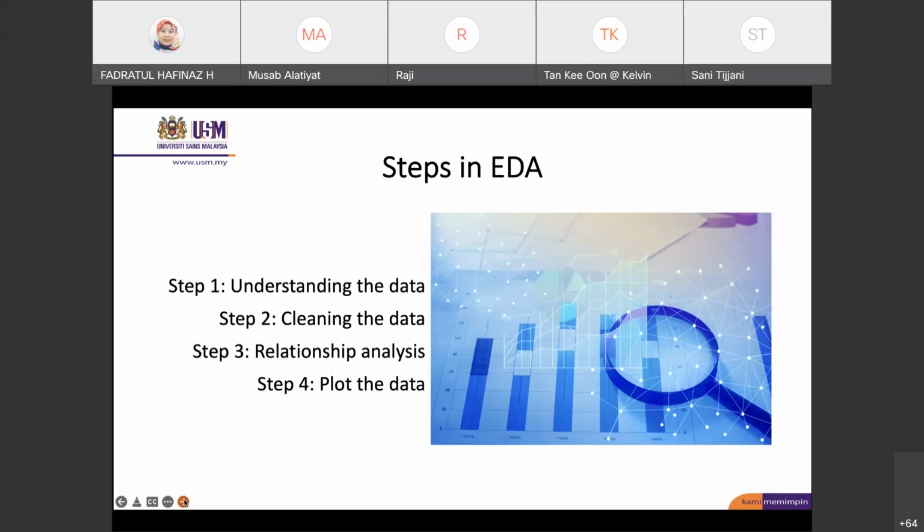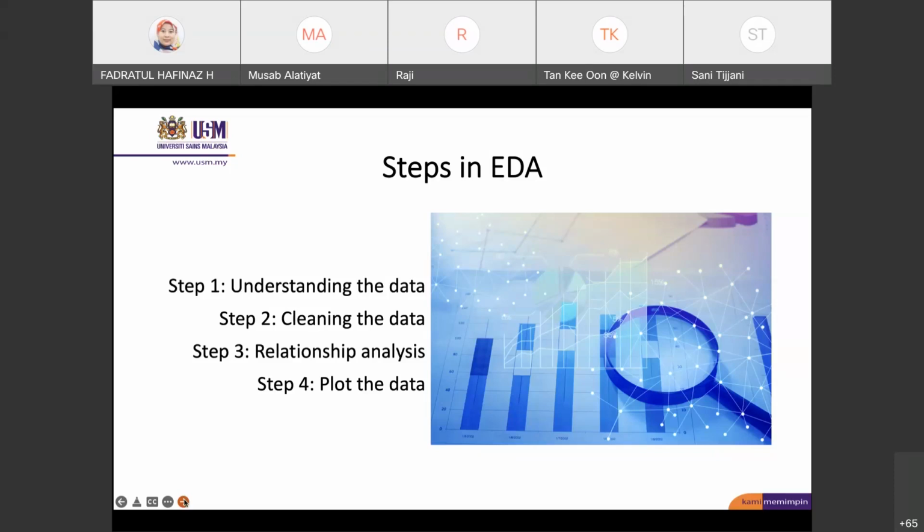All right, and then you need to summarize your data into descriptive statistics. So what is descriptive statistics? What are the values shown in the descriptive statistics? They are the mean or average value, the standard deviation, the minimum, the maximum value, the Q1, Q2, Q3, and also the column name.